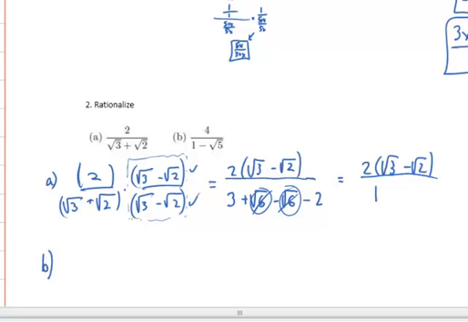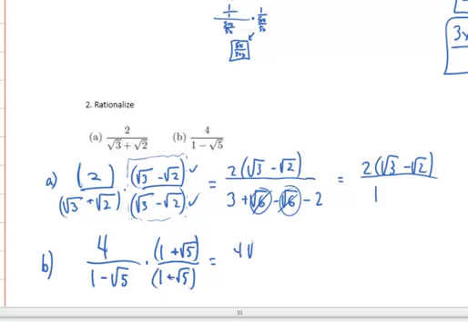For part B, you're again going to do conjugate multiplication of the top and the bottom. So I'm going to have 4 times root 5, but the bottom will be, the first times the first will be 1.